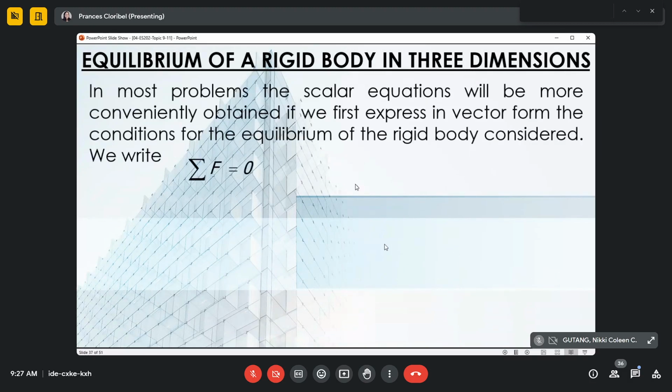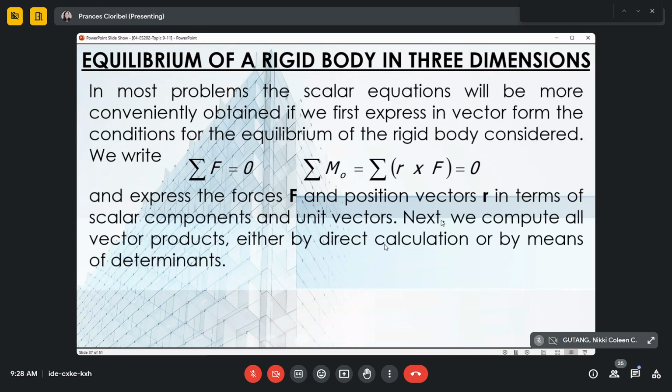So we write the conditions of equilibrium as the summation of forces equal to 0, and the summation of moments in vector form, the summation of all position vectors cross the force vectors. If we encounter many forces, we take the moment about a reference point. Each force has a different position vector, cross product of the two vectors, summed up in terms of its x component, y component, and z component, and then equated to 0.